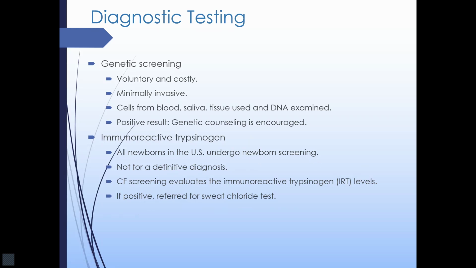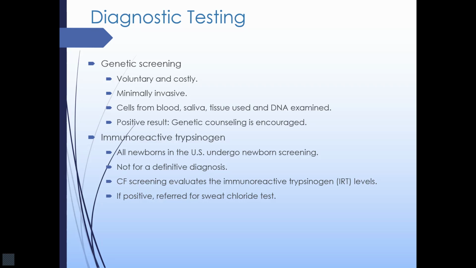Newborn screening gives an indication of possibly having cystic fibrosis. Does that put a scare into parents? Could it be a false positive? Absolutely. Is it a really cool thing because diagnosis is happening earlier and earlier, which means treatment can happen earlier and earlier? Absolutely.